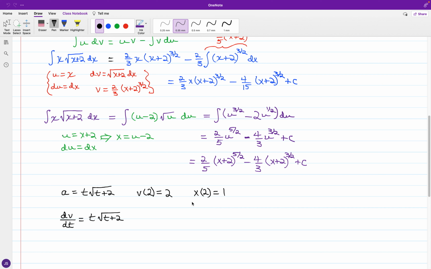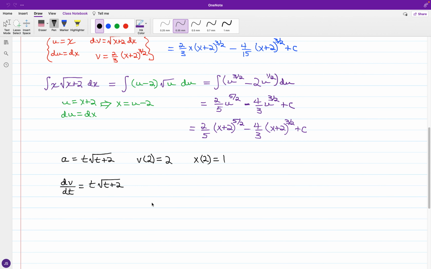And I'm sort of cherry picking the numbers here because if I had 0, I would end up working with radicals or irrational numbers as opposed to those that are rational. Okay, looking at what we have here, acceleration is the change in velocity with respect to change in time.